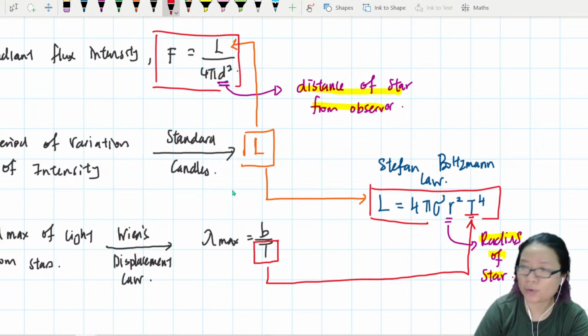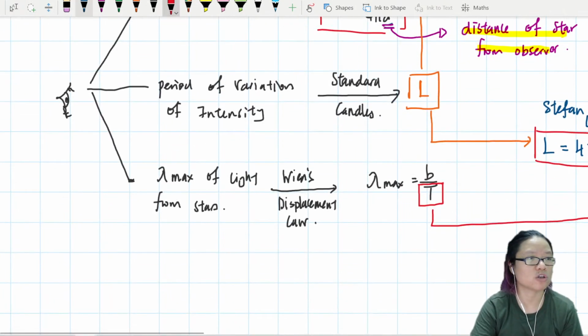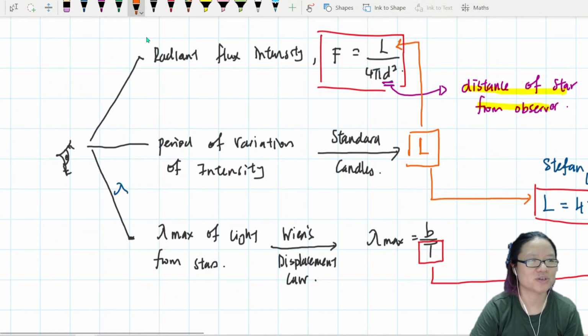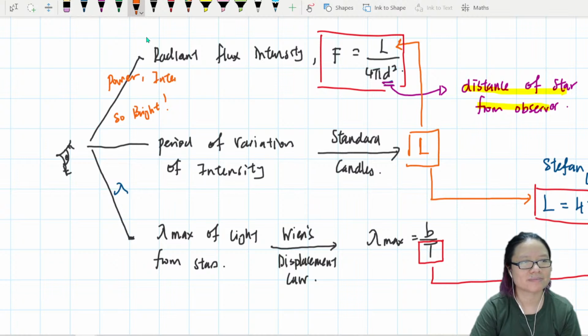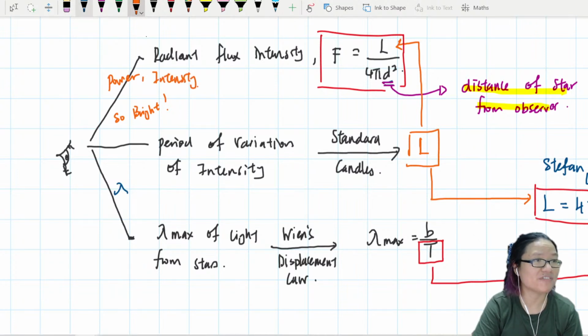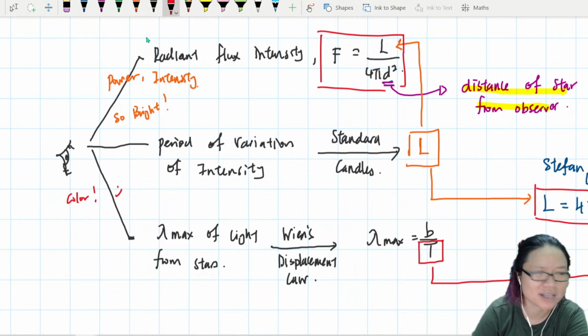But now we are observing more stuff. So let's go back to this observation of lambda. On this side, we go, wow, so bright. So now we look at power, and then we look at intensity, so bright. And for wavelength, what do we look at? We look at color. Actually, not color, okay? Wavelength is more than color, but you can see it like color.